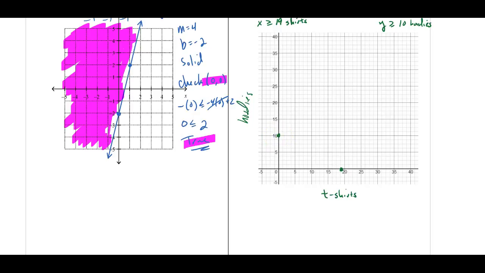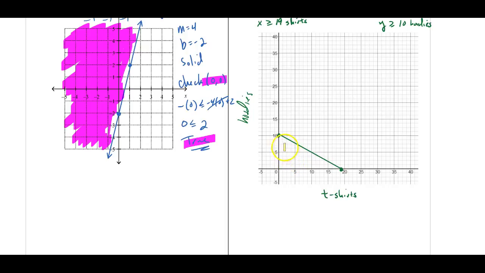So again, if I draw my line, it's going to be a solid line because it's got to be greater than or equal. And I don't even need to worry about checking a value this time. I could if I wanted to, but if we just think logically about it, we need to sell greater than that amount.